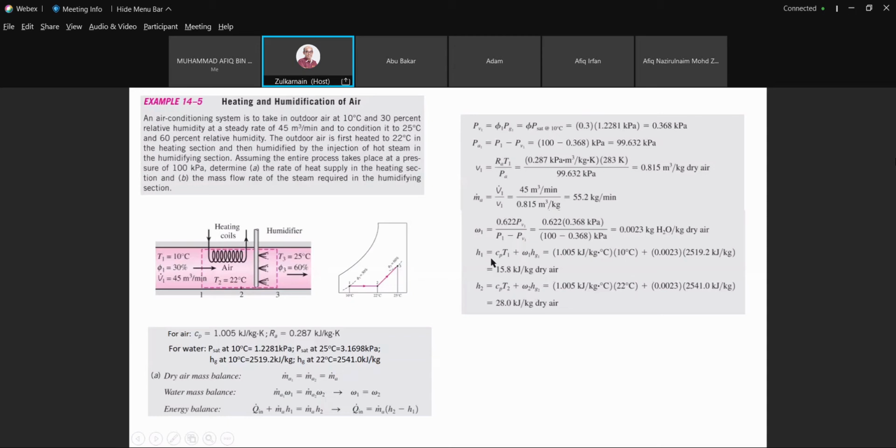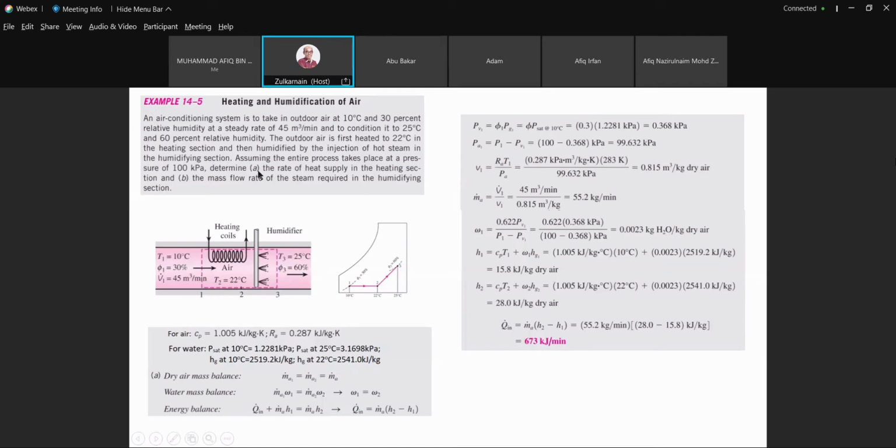So this is the H1 value, this is the H2 value. Then we can get delta H, and after getting delta H, we can get the Q in.